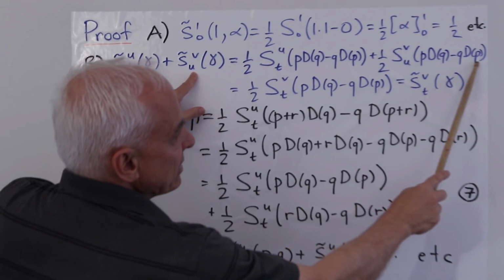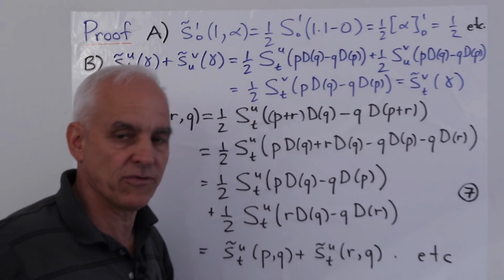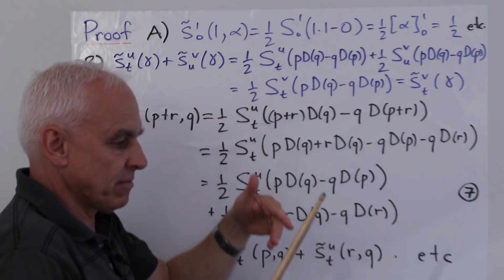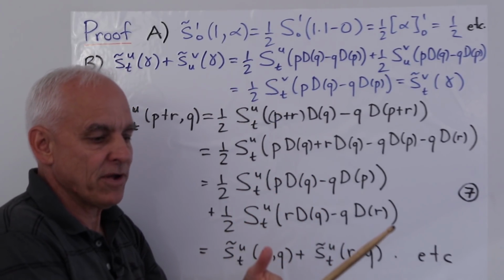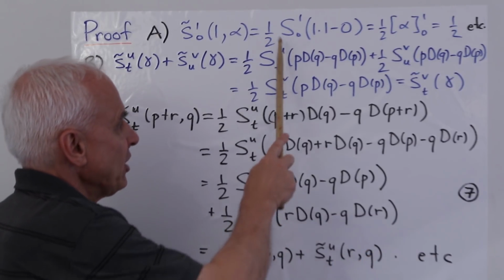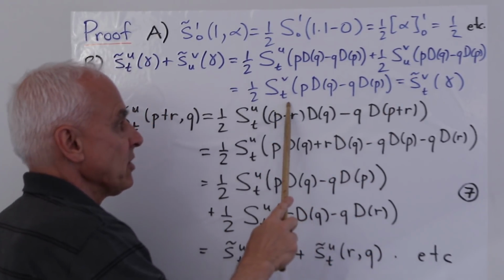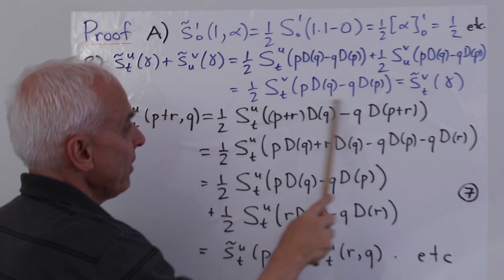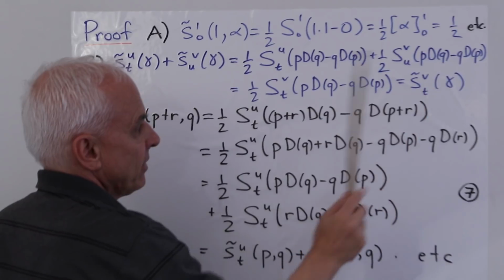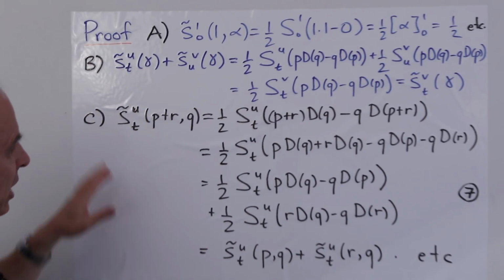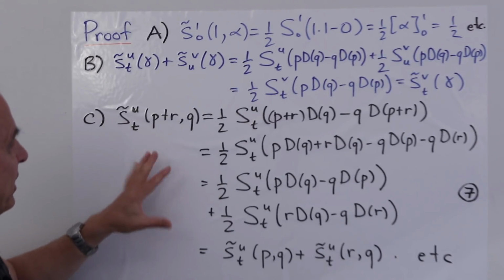Well, it's the same thing inside, but now we're taking the Faulhaber integral from u to v. So we just use that elementary property of the Faulhaber integral, that the integral from t to u plus the integral from u to v is going to be the integral from t to v. So these things can be combined to get 1/2 of this thing, and that's the quantity S tilde from t to v of gamma.